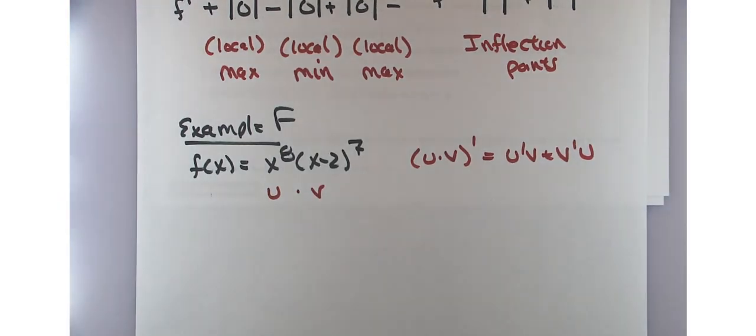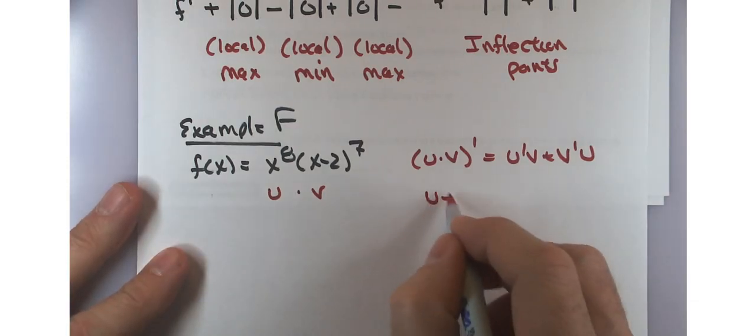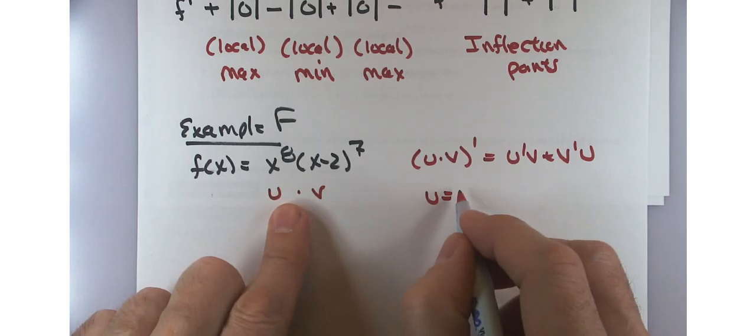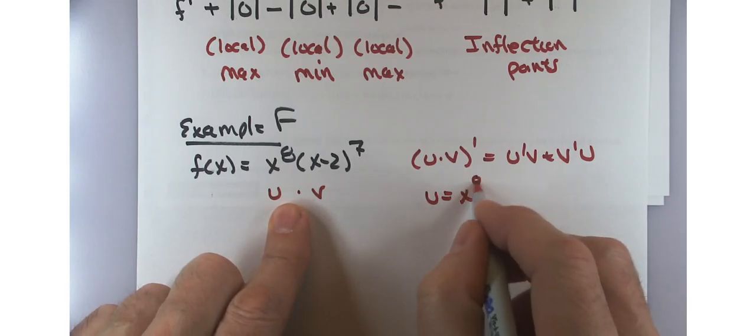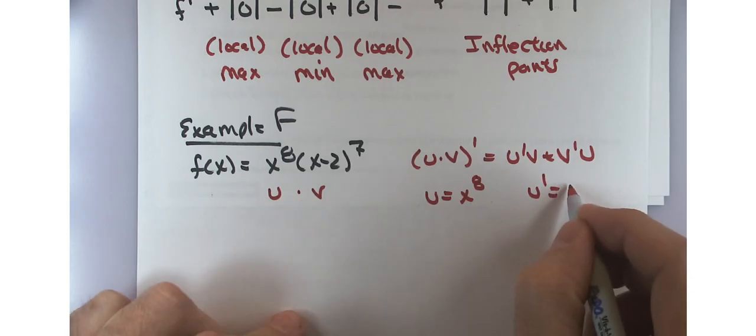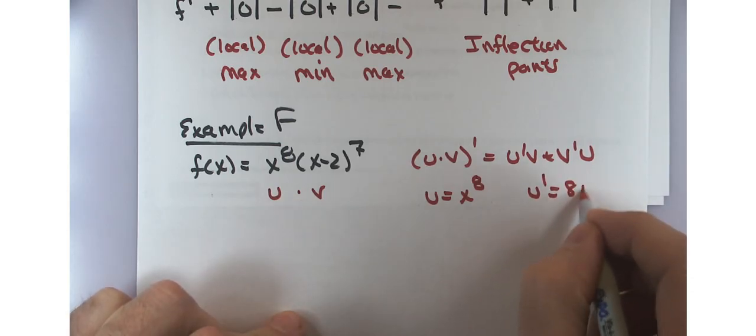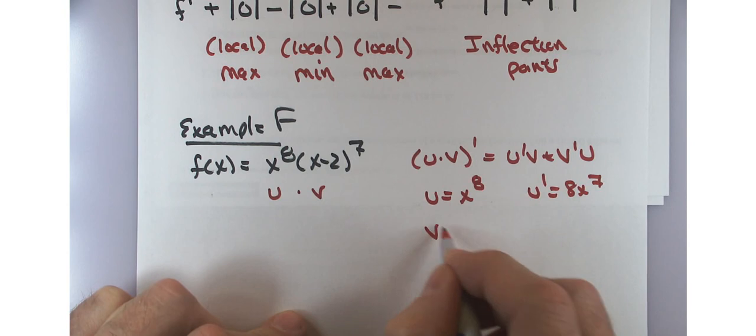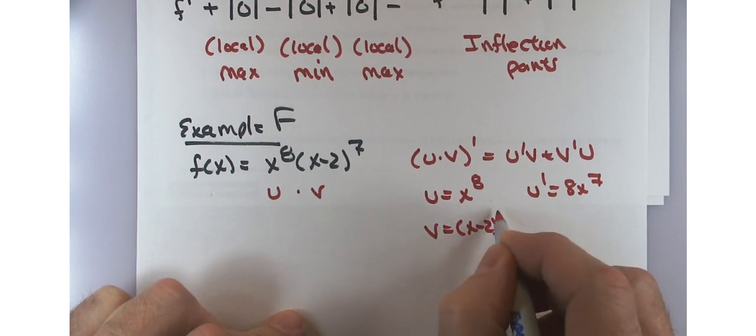It feels to me that it would help you out, at least some of you, to do that. So let me write it out like that just for practice. U is x to the 8th. What would u prime be? 8x to the 7th. V would be x minus 2 to the 7th.